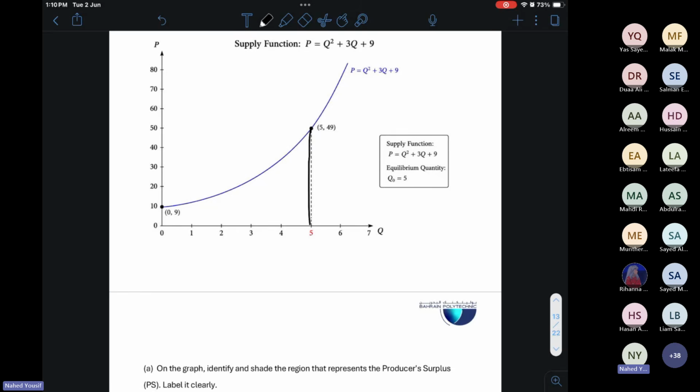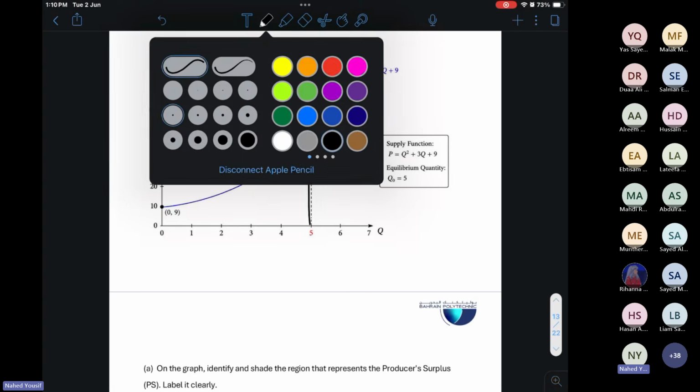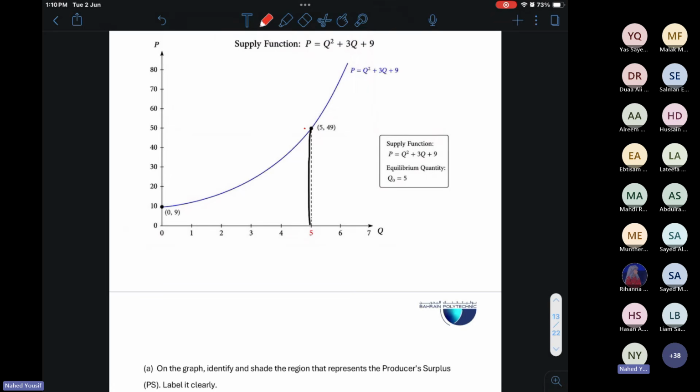Where will the PS be? Producer surplus will be above the supply function and below the equilibrium price. So in the graph, you go straight to connect 5 with 49. So here is the 49.